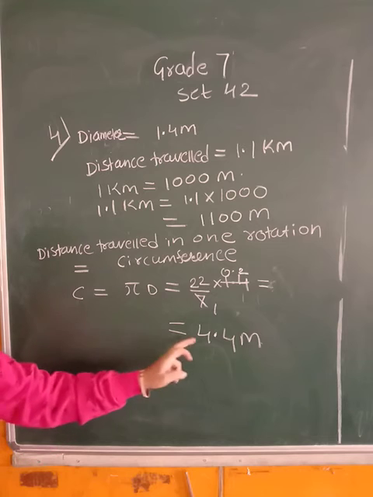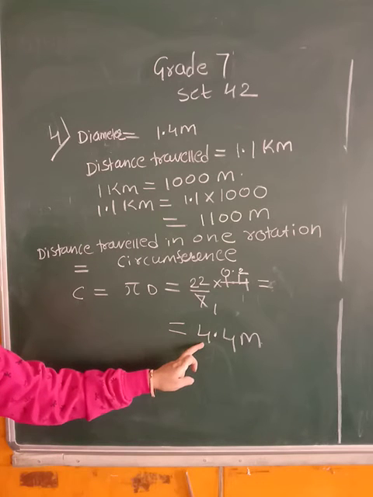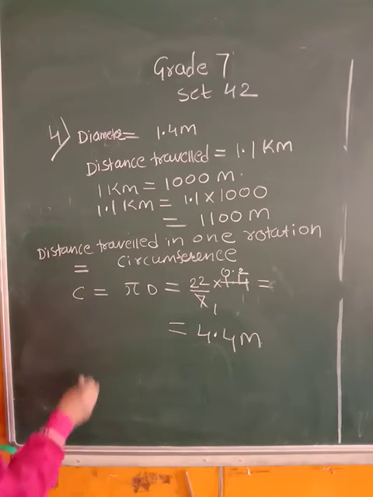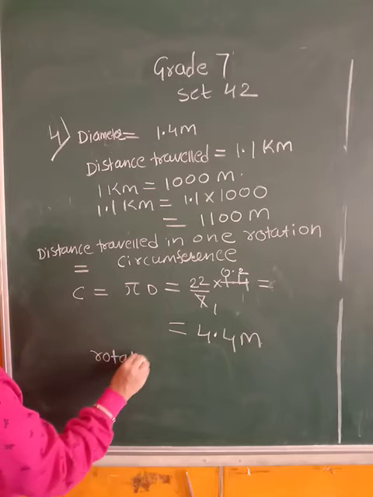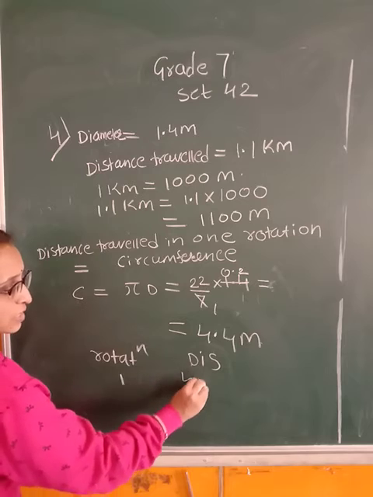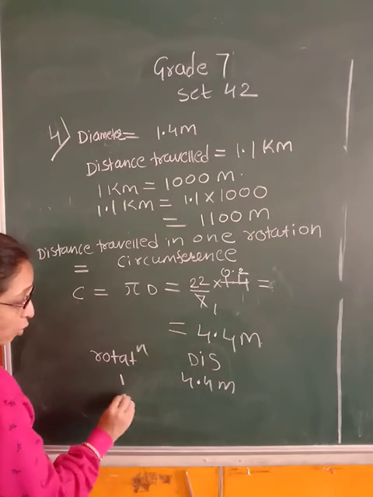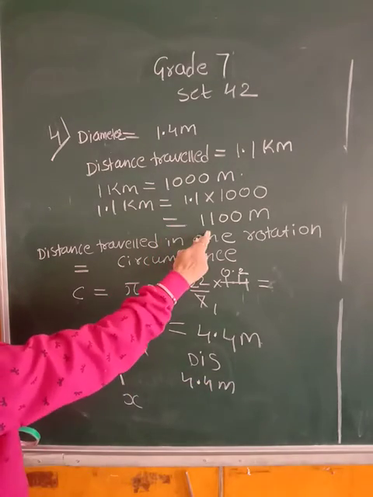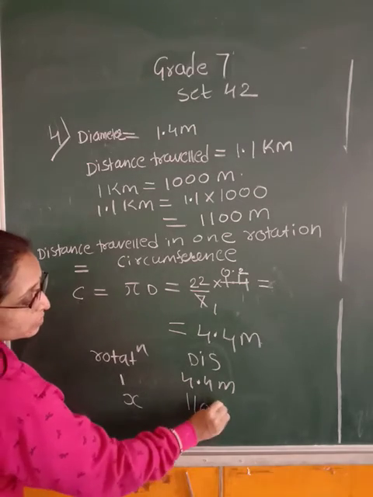So one rotation is equal to how many meters? 4.4 meters. Are you understanding me? So if the rotation is 1, the distance travelled is 4.4 meters. So how many are the rotations if the distance is 1100 meters?